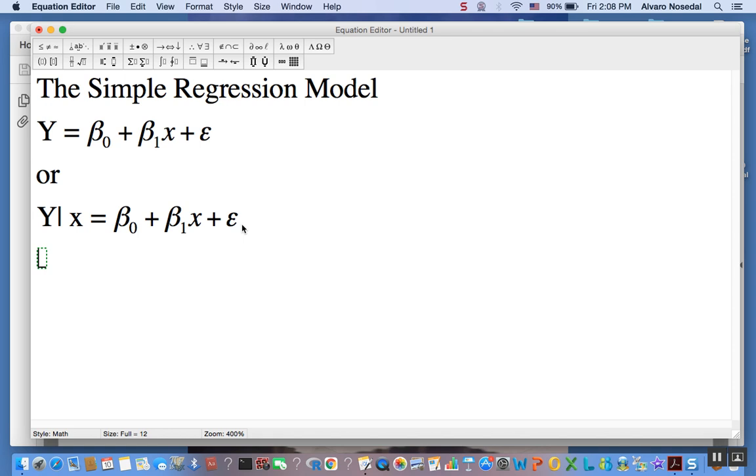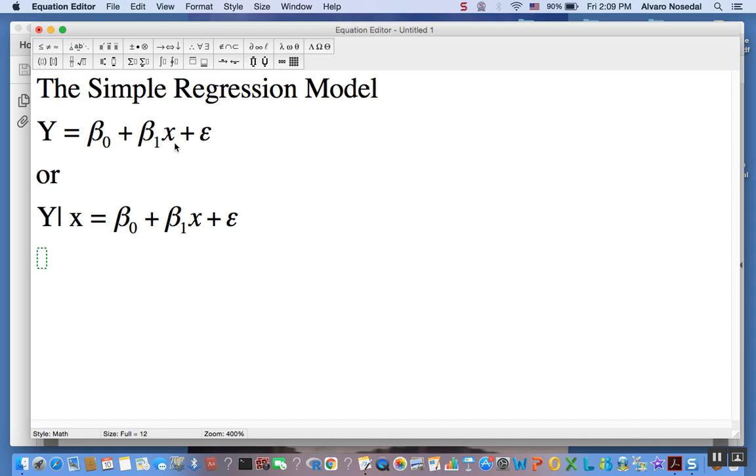This model says that the values of y can be represented by a mean level. That would be, if you want to be specific, the expected value of y given the value of your predictor x. Beta 0 plus beta 1 times x would be the mean level of y for a given value of x.